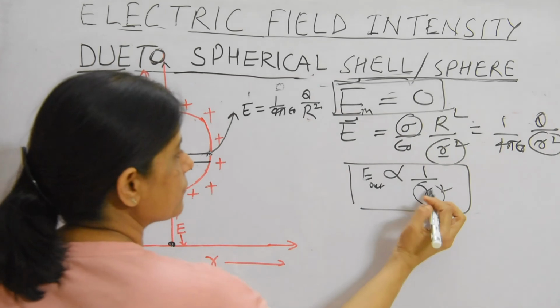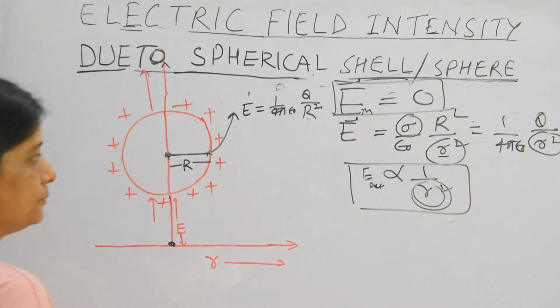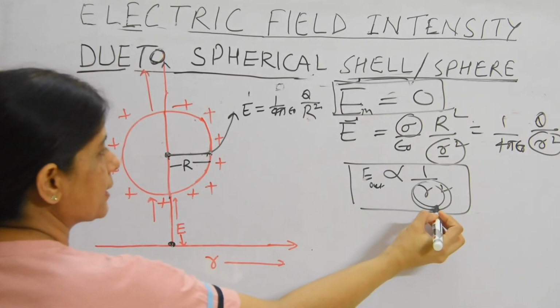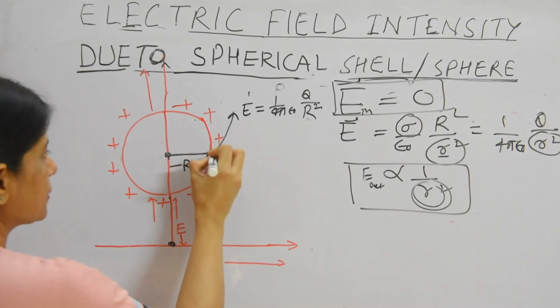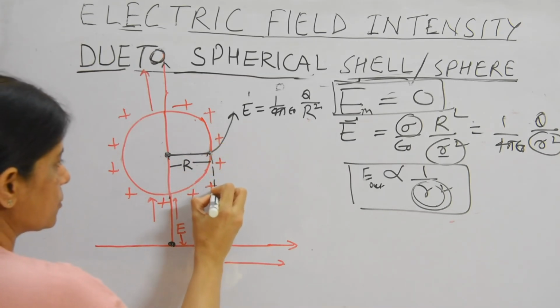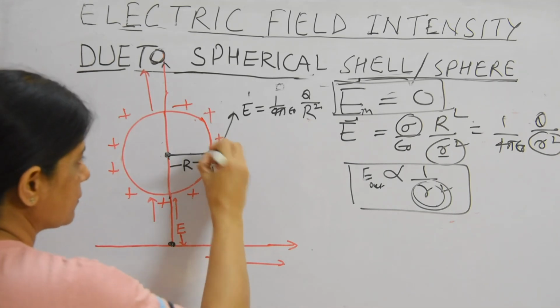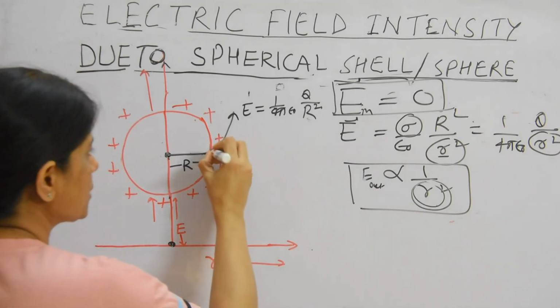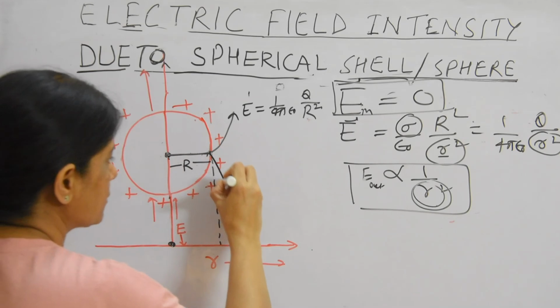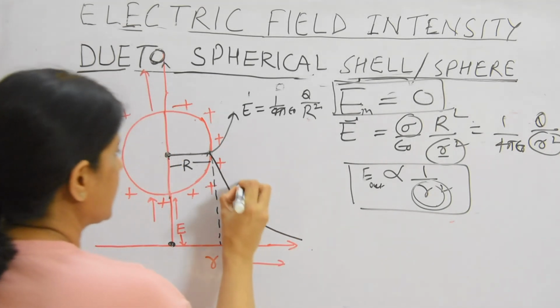As we go further, value of E is decreasing. See, if we draw it like this on the y-axis, here E is inversely proportional to r square, means E is continuously decreasing.